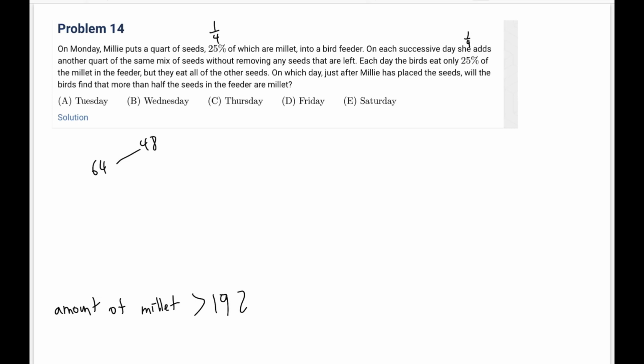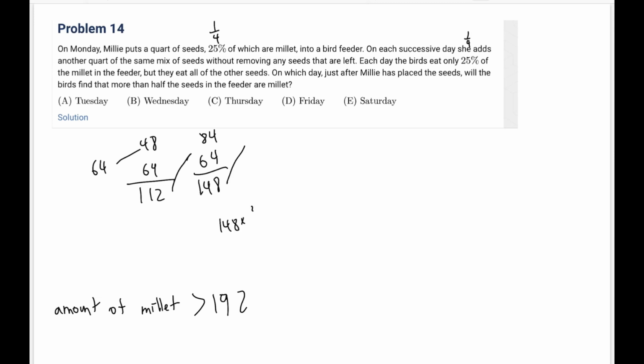And then the next day, Millie would put 64 more seeds, and that sums to 112. And then the birds will eat 25% of that, so what's left will be 75% of that. So this times 3/4 would be 84, and then we add 64 again because it's the next day, and then the sum is 148, and then multiply this by 3/4.